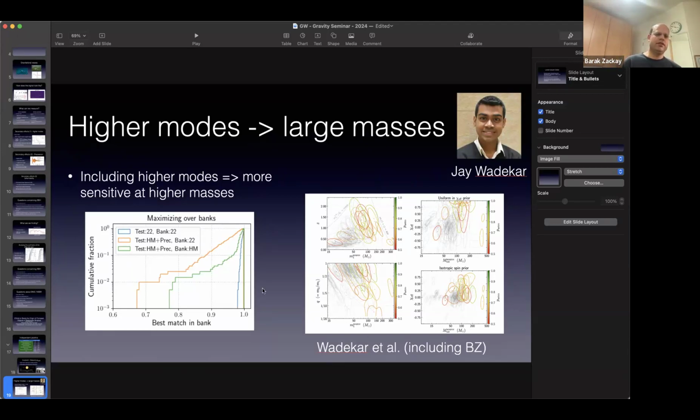We also show, and this is a new plot, not in the paper, that precession is not important at these masses. So it's really just higher modes, and we now have an okay to go and do a population analysis and see whether we can extend the mass function of the binary black holes based on these new detections from Jay's work.